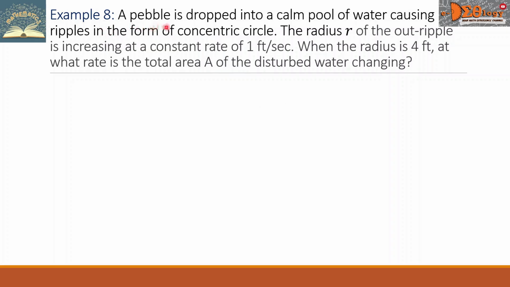Example 8. A pebble is dropped into a calm pool of water, causing ripples in the form of concentric circles. The radius r of the outer ripple is increasing at a constant rate of 1 foot per second.